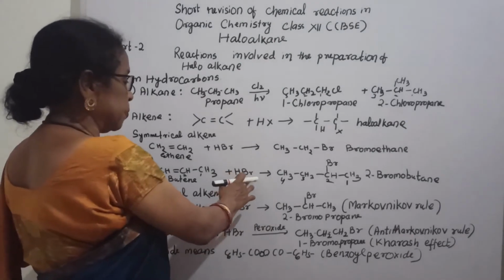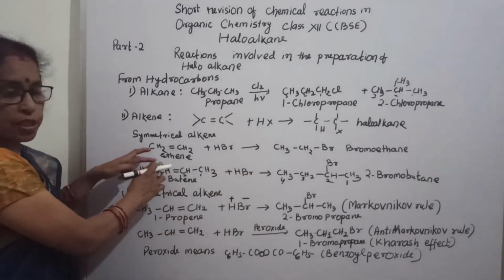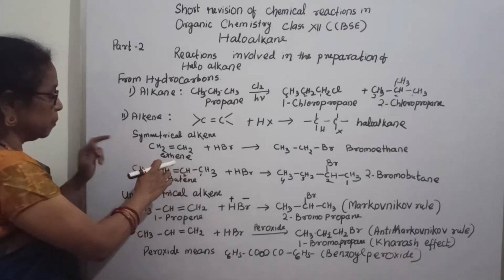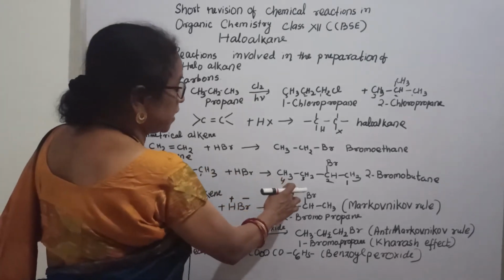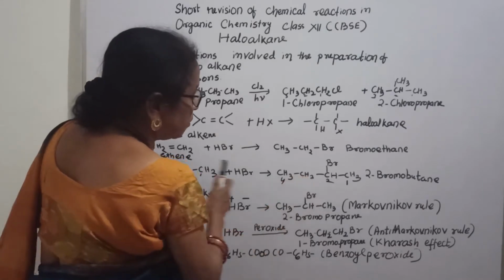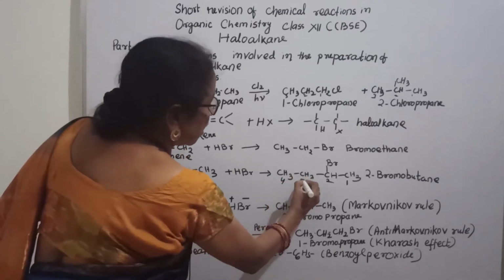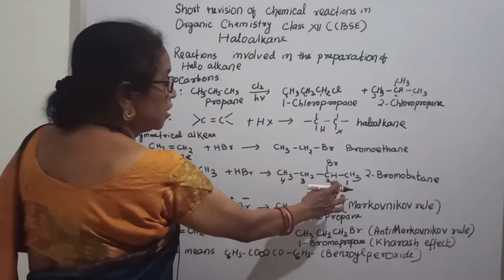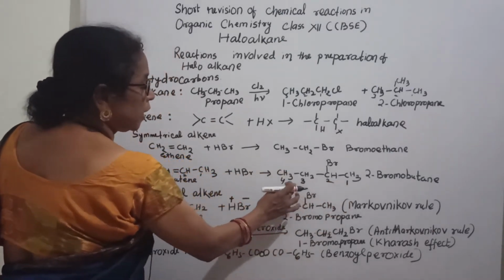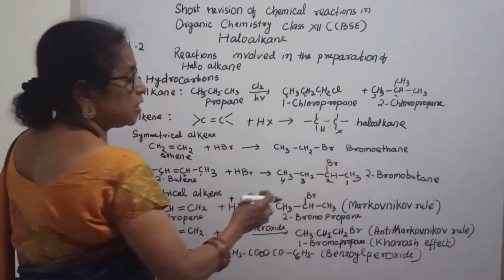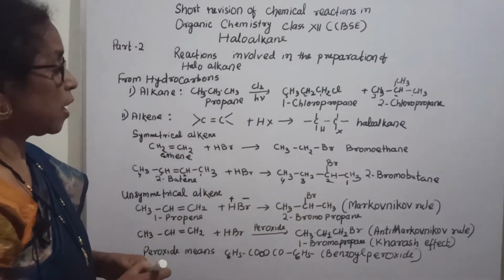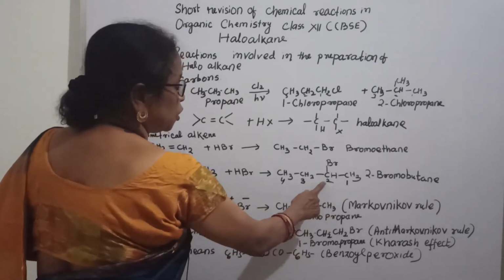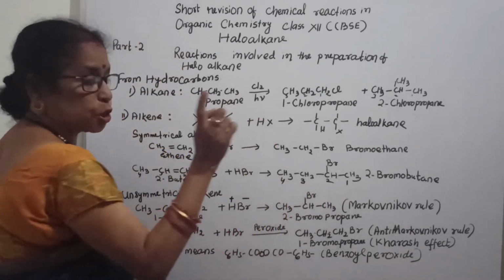When you add HBr, you can add hydrogen here, Br here, or hydrogen here, Br here, and the product is CH3CHBrCH2CH3. These are not the number of carbons but the positions 1, 2, 3, 4. In position 2 there is a bromine atom, that is why it is known as 2-bromobutane.